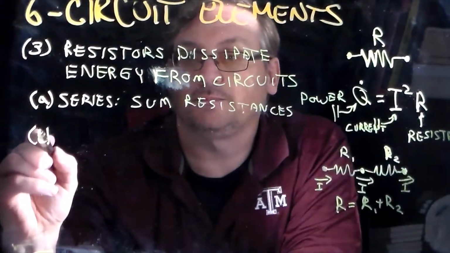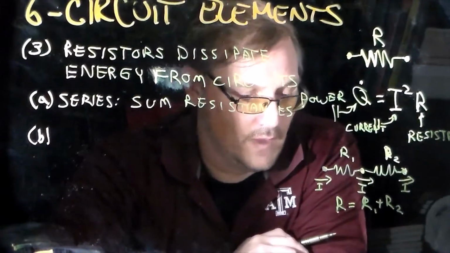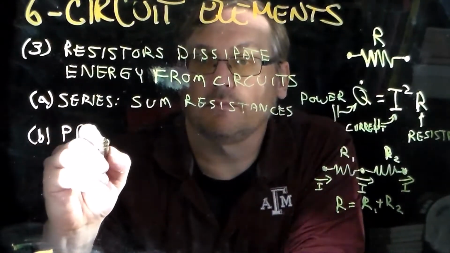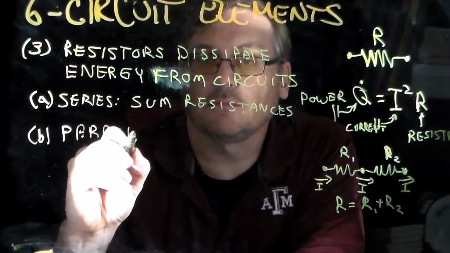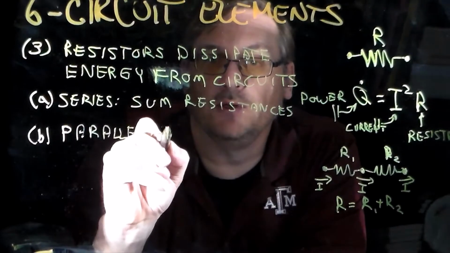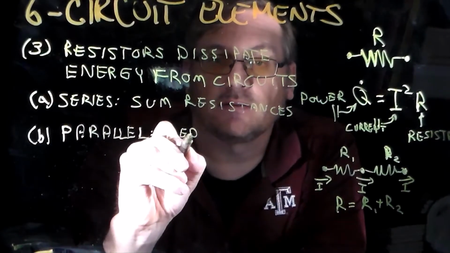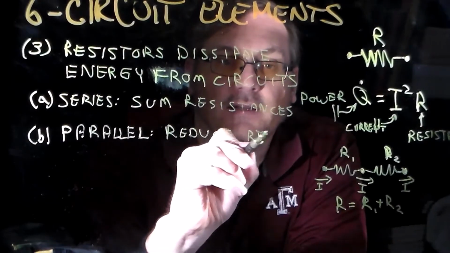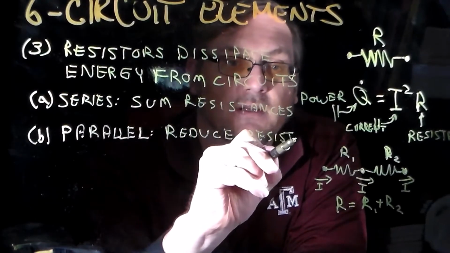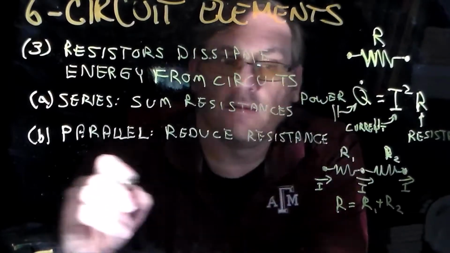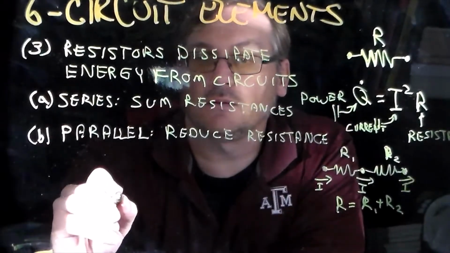In B, we have parallel, and we reduce the resistance in this case. That's because the electrons are free to go through the channel, right?